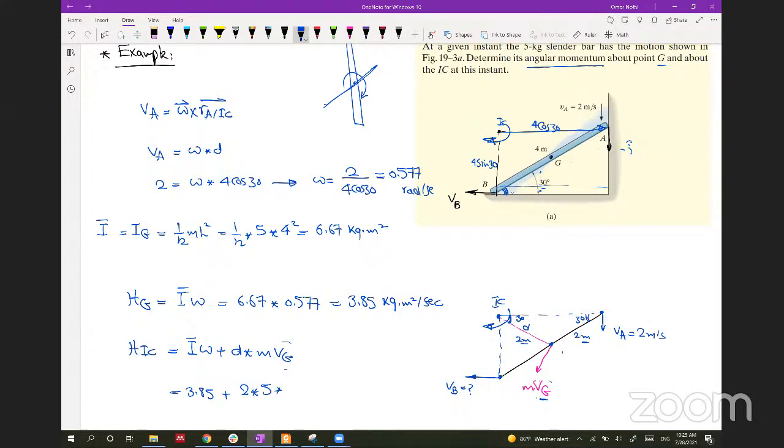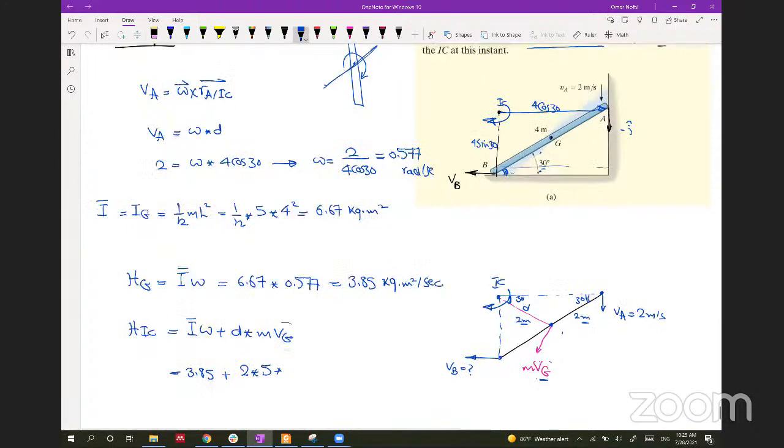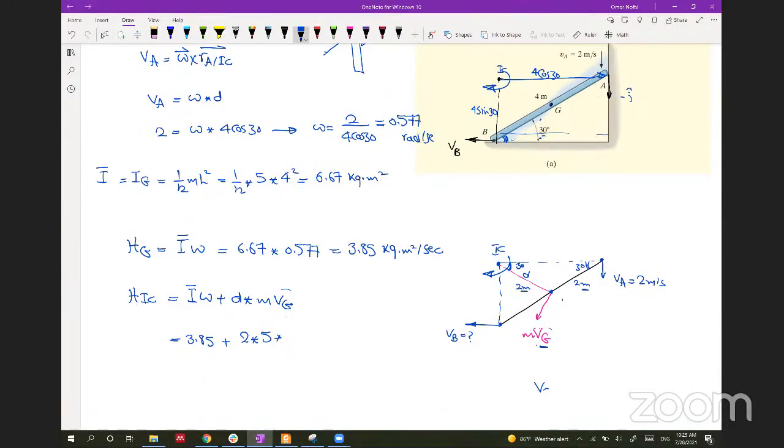Right now we need to find the velocity at the center of mass, V_G. We didn't get it, but we can get it. V_G will be equal to omega multiplied by this distance d, as a scalar quantity. But if you want to get the vector quantity, it will be omega vector crossed by r_G with respect to the instantaneous center.